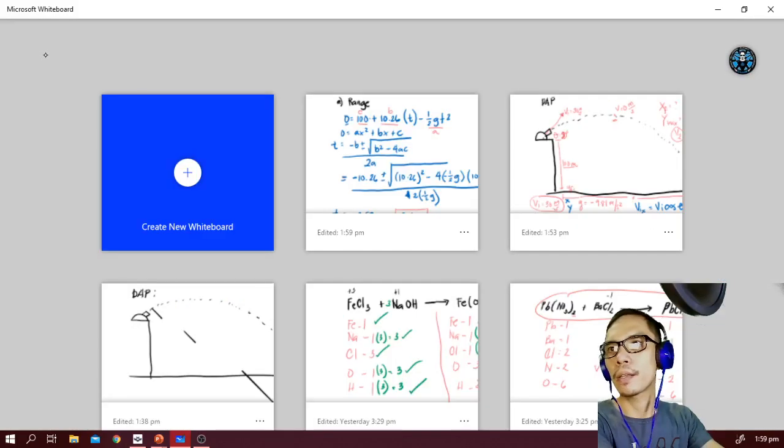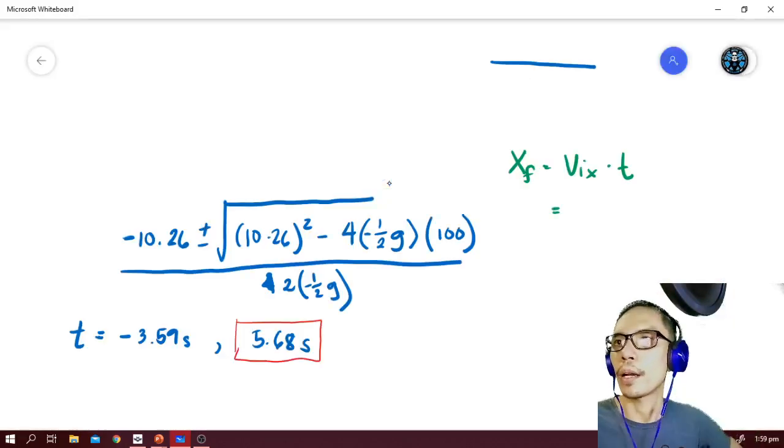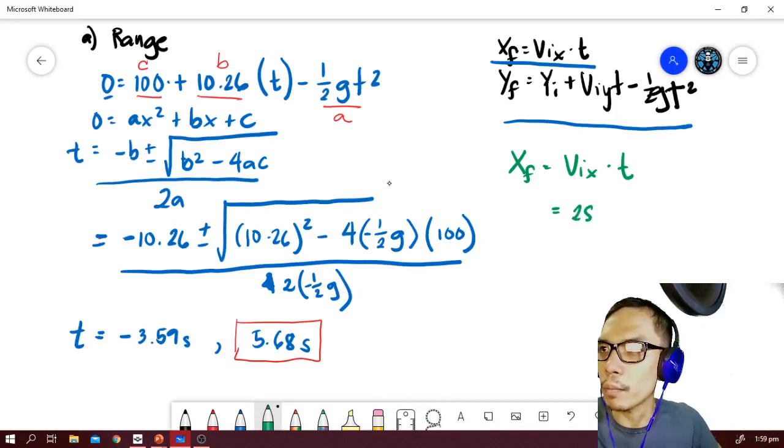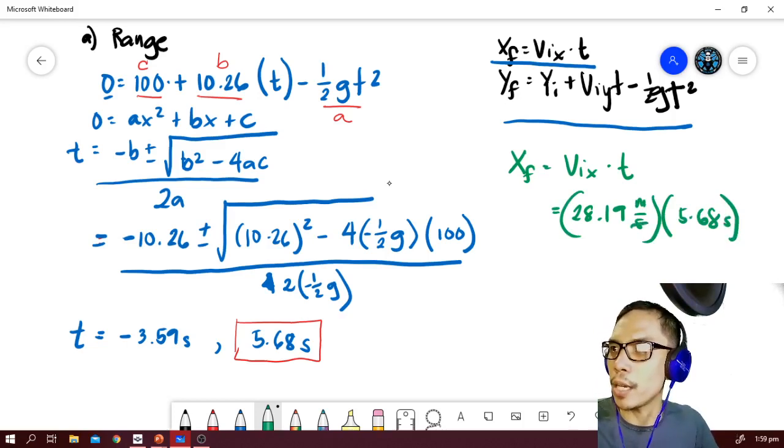So we have 28.19 meters per second times the time, which is 5.68 seconds. Meters per second cancel.